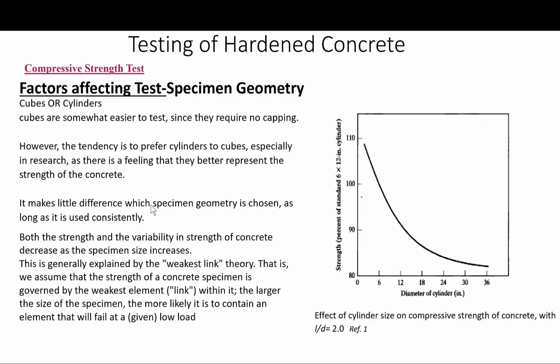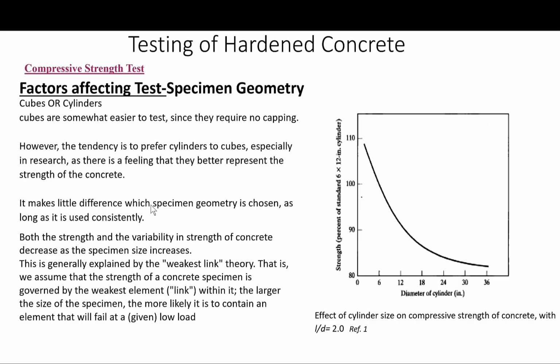Such points of weakness are, in general, the types of flaws that were discussed in the previous module of the class, if you remember. But as specimens become larger, the differences in the distribution of the flaws within each sample become less at the same time, so the variability decreases as well.